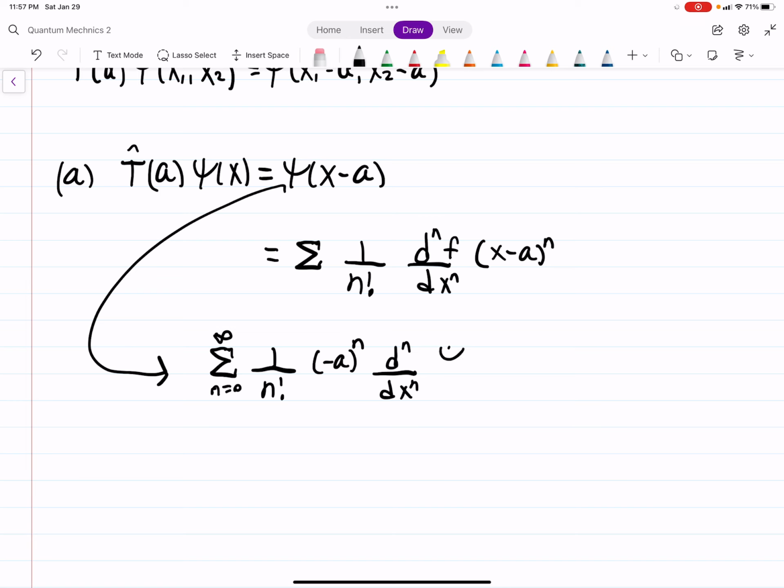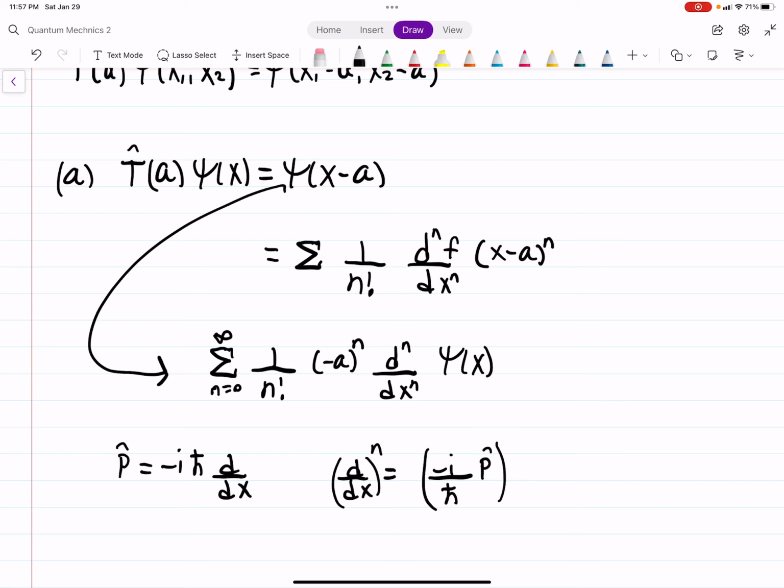And the nth derivative. Now remember that the momentum operator is minus i h bar d by dx, or d by dx equals minus i over h bar p hat. And just trust me, I know that there's a difference between a second derivative and raising something to the second power, but it works out okay.